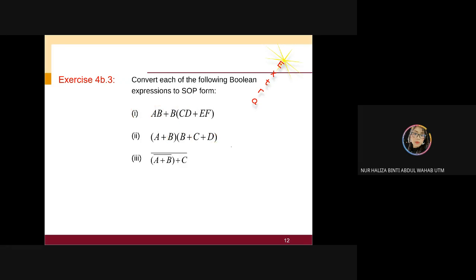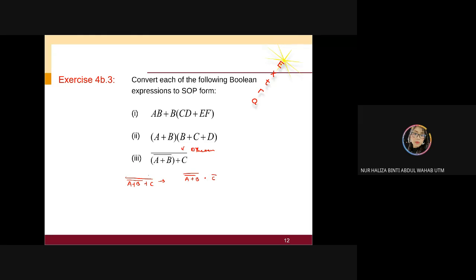And another one, this one has bar bar bar, which is too many bars. You cannot have an overbar over several variables, right? So it's going to be A plus B bar plus C bar. You're going to do De Morgan theorem. From this De Morgan theorem, you're going to convert to A plus B bar dot C bar.